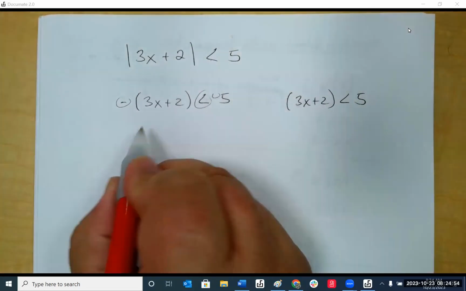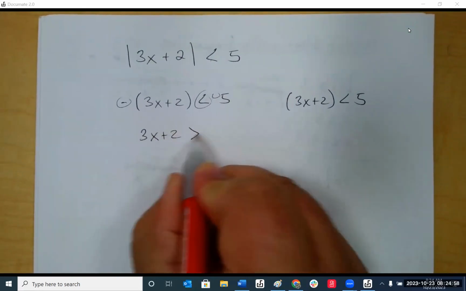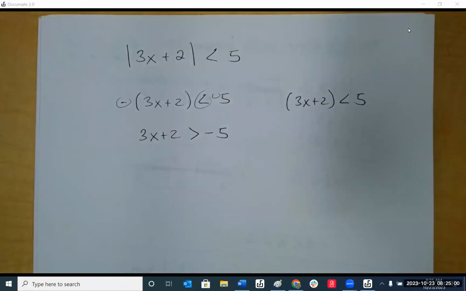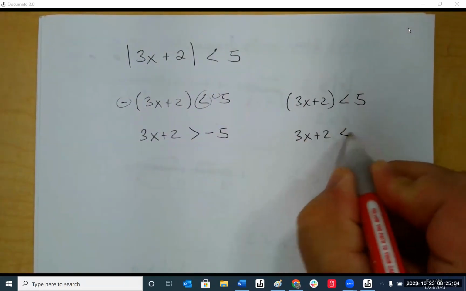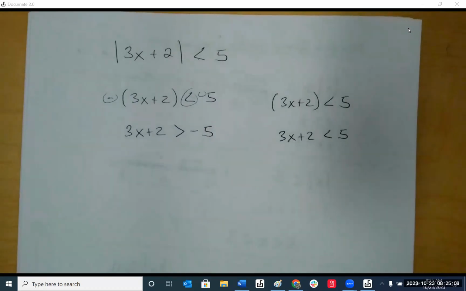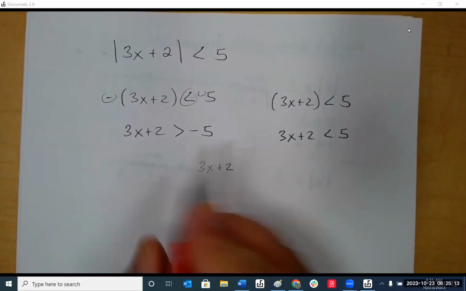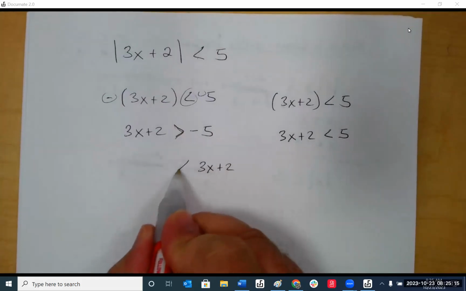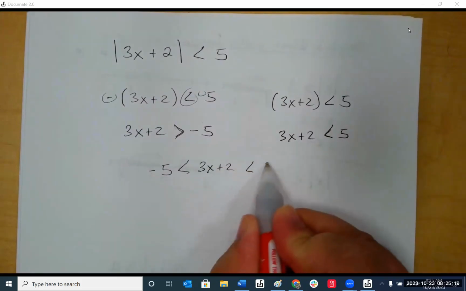Change the signs: 3x plus 2 is greater than negative 5, and 3x plus 2 is less than 5. We have 3x plus 2 greater than negative 5, but less than 5.